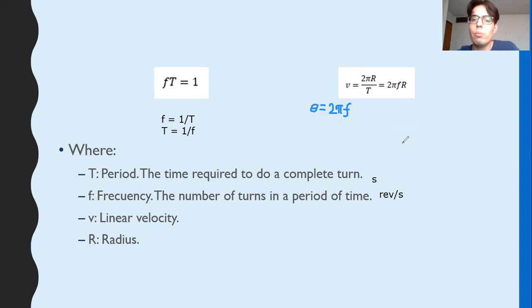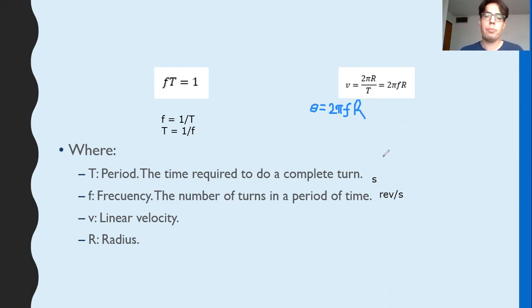But to transform that into regular linear velocity, you have to multiply that by the radius. Why? Because that's basically what you do every time to transform between linear and angular: you just have to use the radius of the wheel, or of the circle, or of the thing that is spinning.